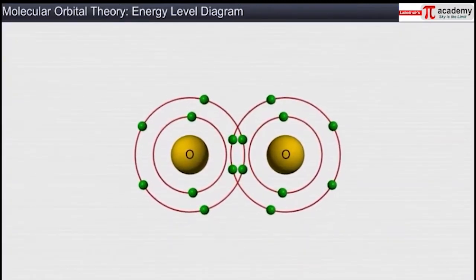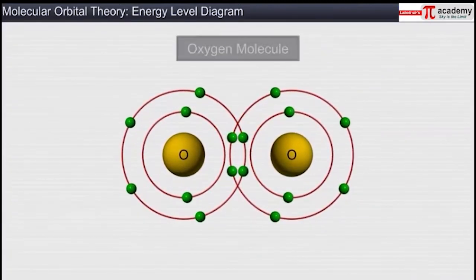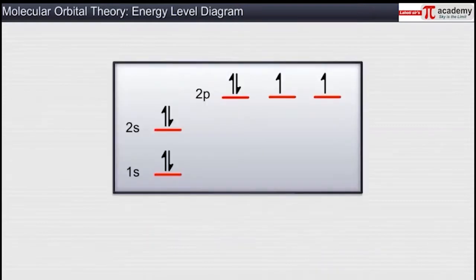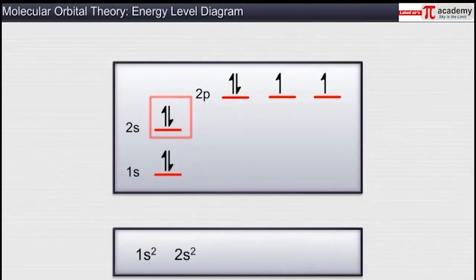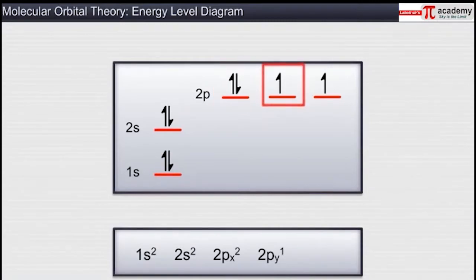Now let's study the molecular orbitals formed in an oxygen diatomic molecule. Oxygen has the atomic configuration 1s2, 2s2, 2px2, 2py1, 2pz1.